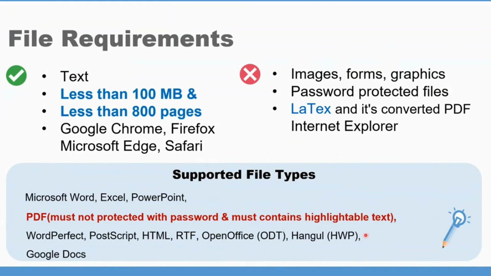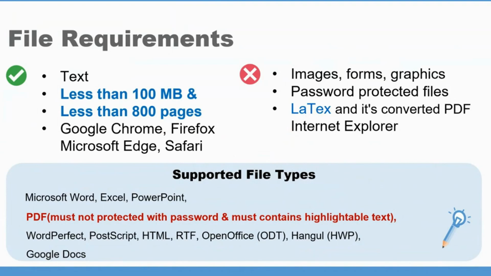The document must be less than 100 megabytes and 800 pages. We recommend using Google Chrome, Microsoft Edge, Firefox, or Safari to access the Turnitin system, and please do not use Internet Explorer.